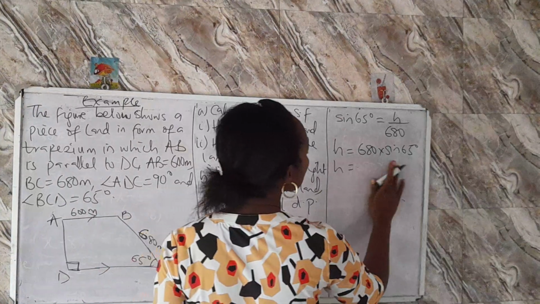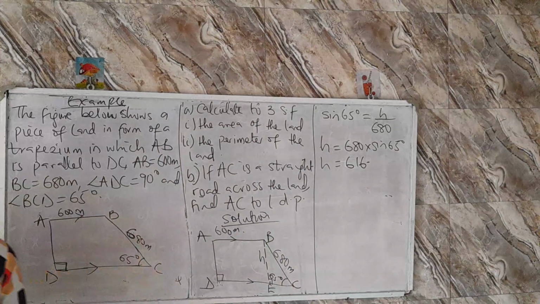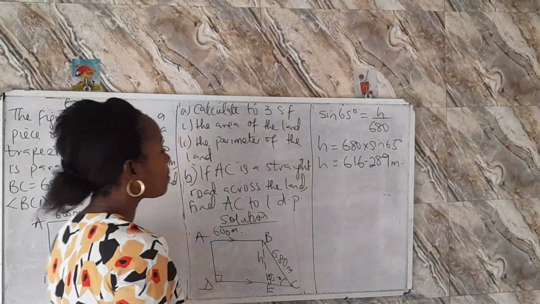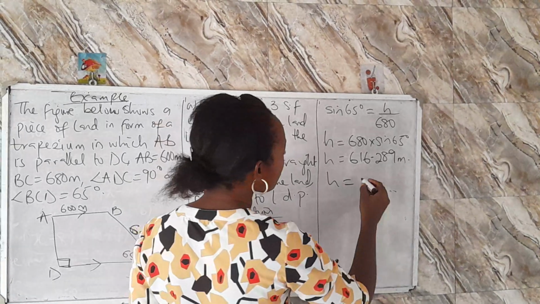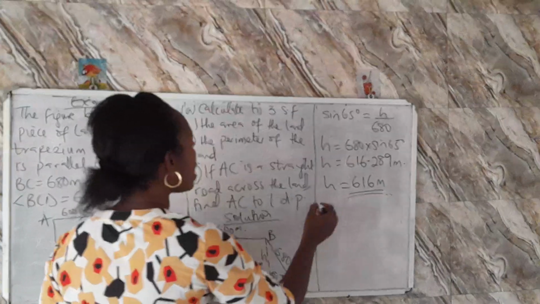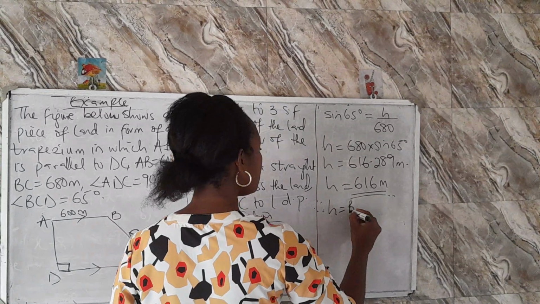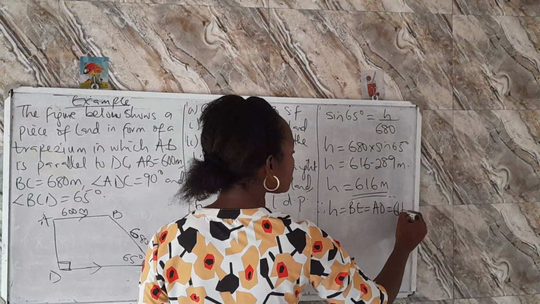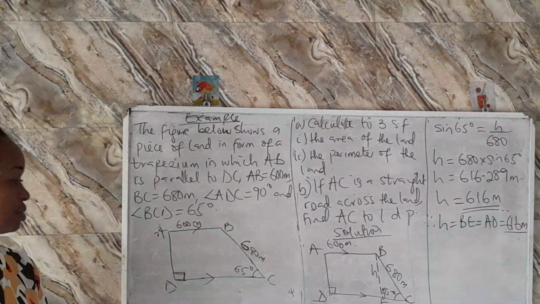We have 616 point 289 meters, right? Which I approximate to 3 significant figures, giving 616 meters. So h is the same thing as BE, which is also the same thing as AD, and that will give us 616 meters. So we have gotten the length of AD.